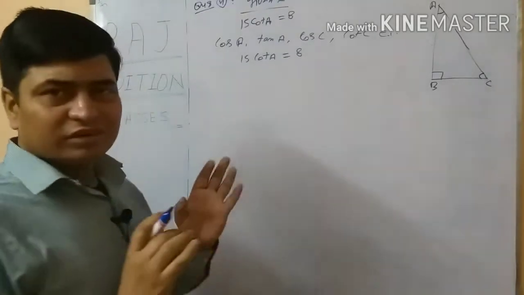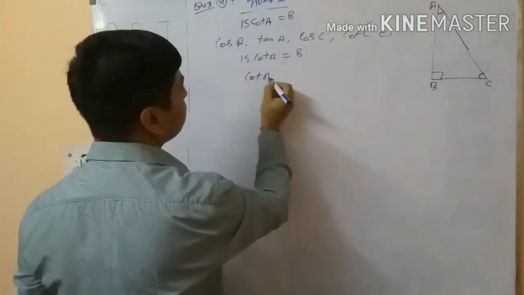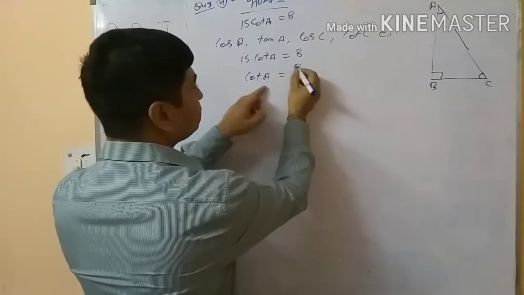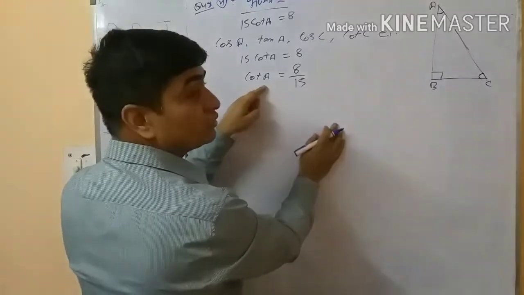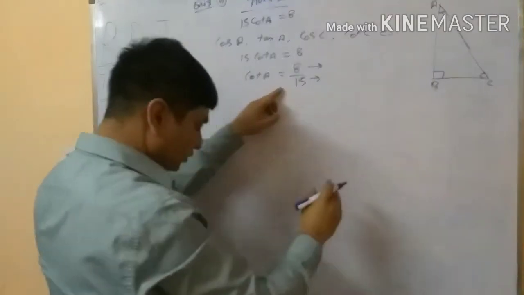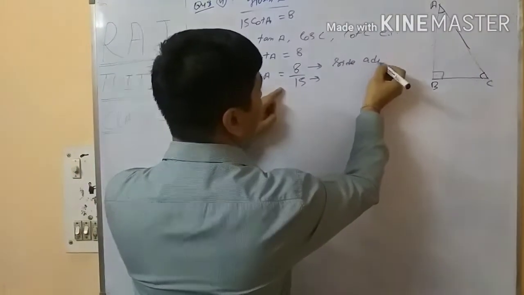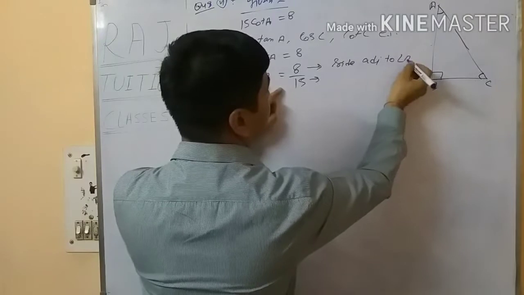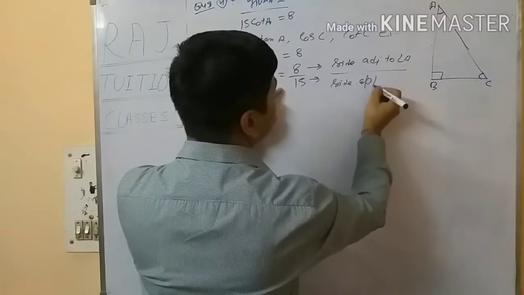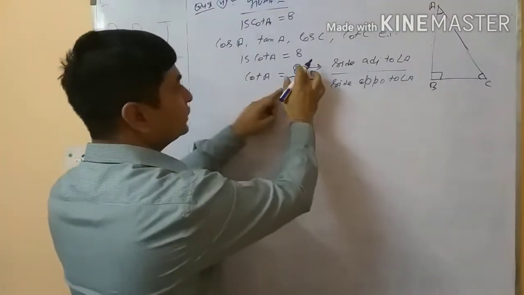So this is a slightly different type of question. I have to find out cot A. If 15 times cot A is 8, then cot A is 8 upon 15. And what is the formula for cot A? The side adjacent to angle A divided by the side opposite to angle A. So the side adjacent is 8.